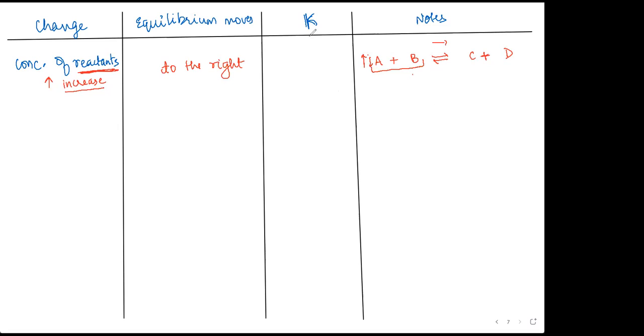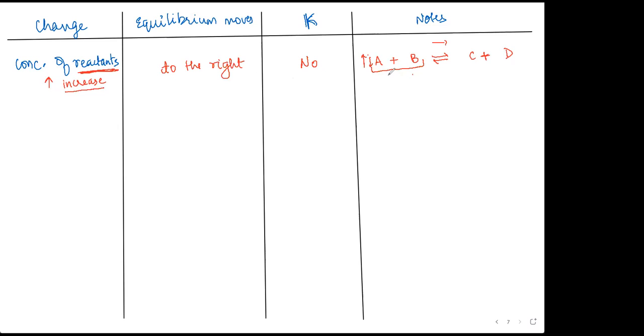And will anything happen to the value of the equilibrium constant? Will it be large? No. So always remember, the equilibrium constant is a constant. It does not depend on anything except the temperature. So the equilibrium constant is not affected by anything except temperature.